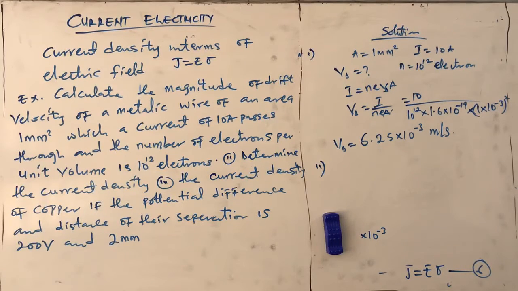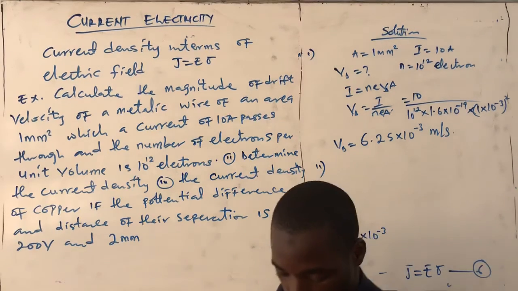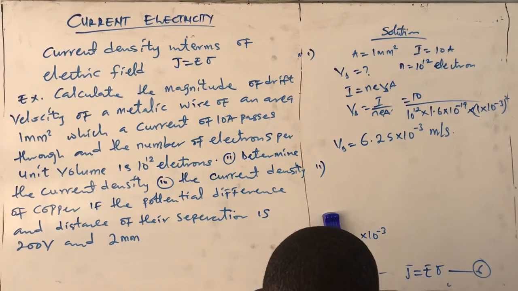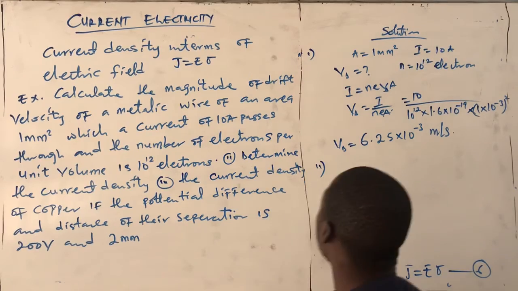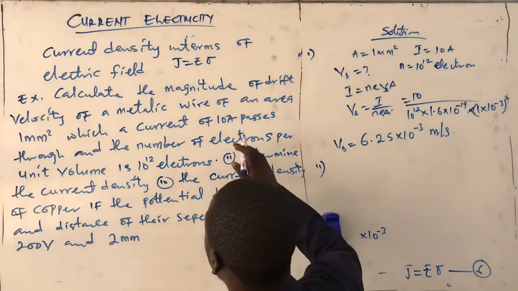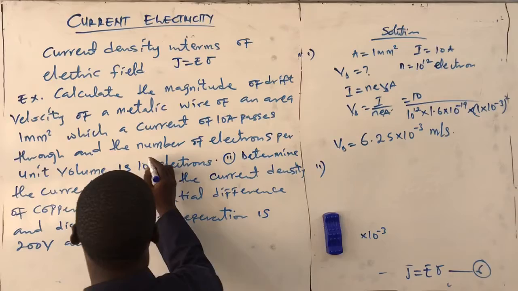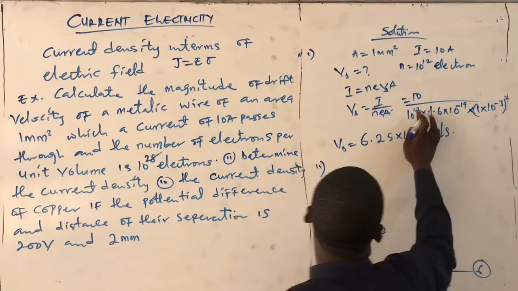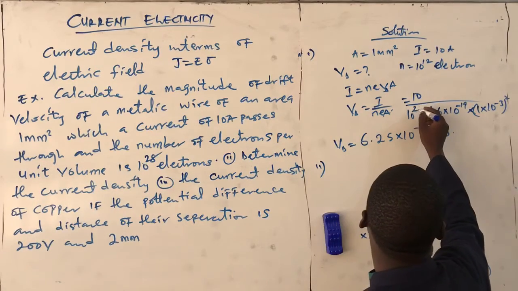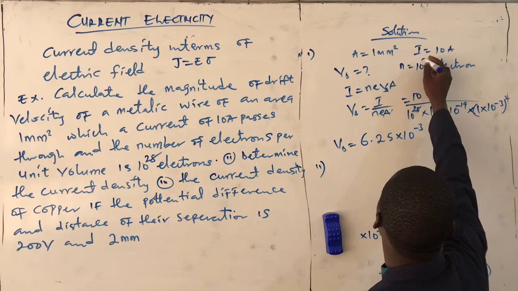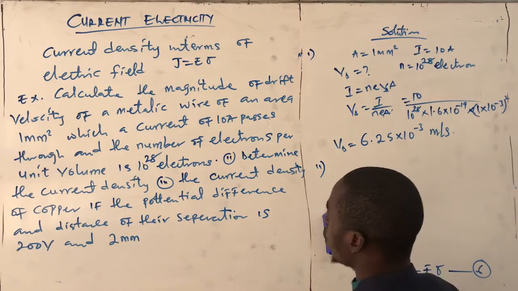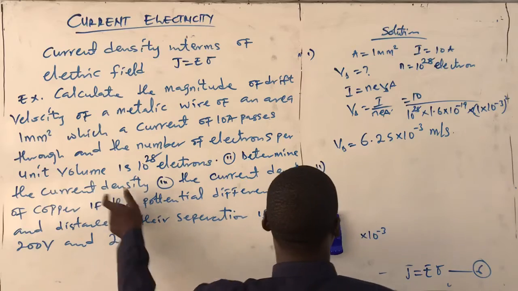Sorry, from the question, N is supposed to be 10 raised to power 28. Also, we are asked to determine the current density.